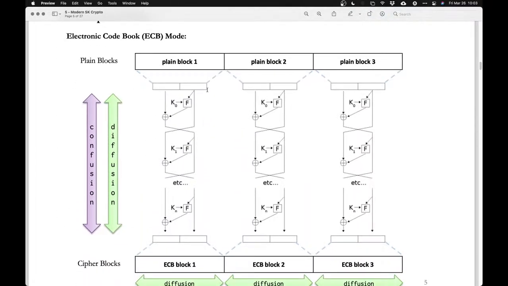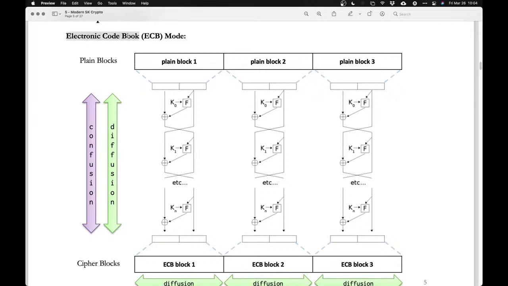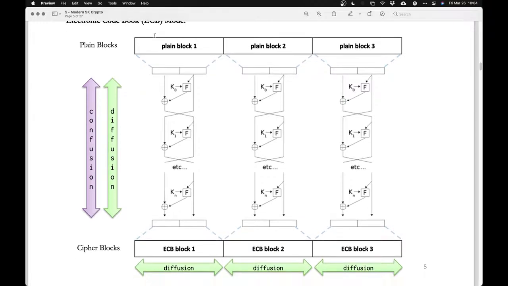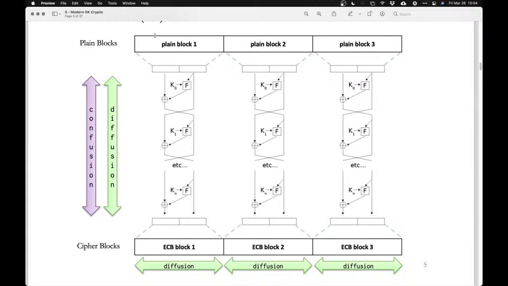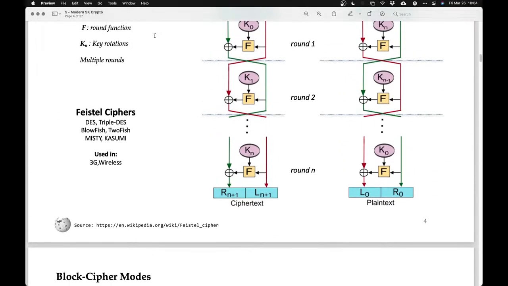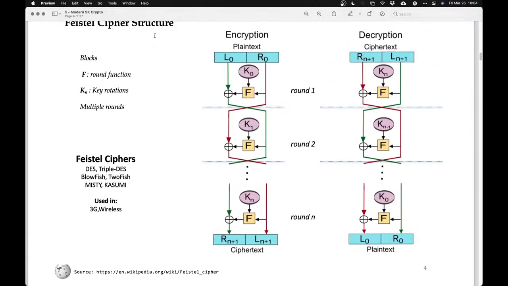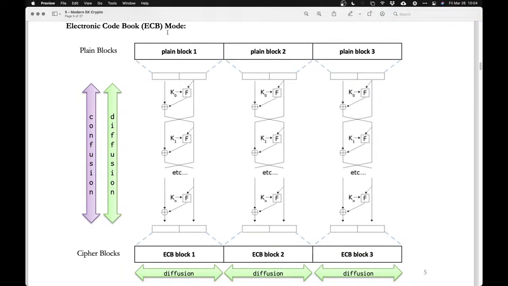If I foolishly use the simplest form of block mode called ECB, then I have diffusion within the blocks, but not across my blocks.